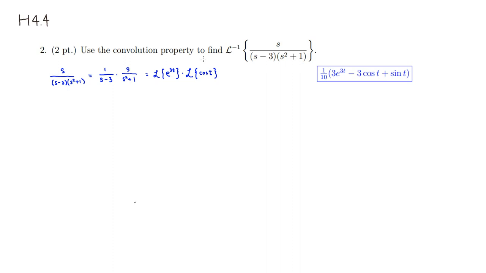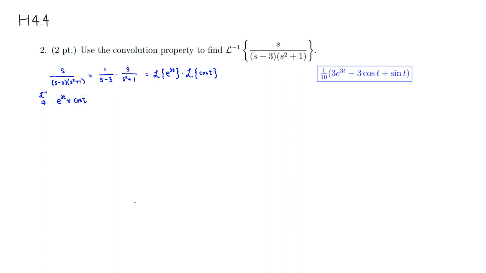If you want to find the inverse Laplace transform, all you have to do is take the inverse Laplace transform. It's going to be simply e to the 3t convolution with cosine of t.